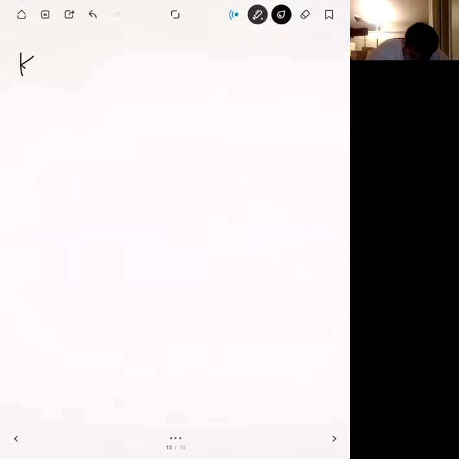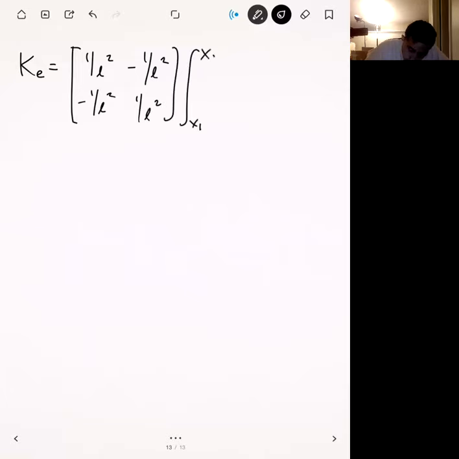the element stiffness matrix. All right, so element stiffness matrix from before, this is equal to 1 over L squared times the matrix [1, -1; -1, 1], integral from x1 to x2 of this element times k times A dx.